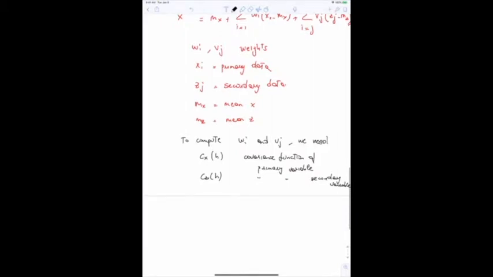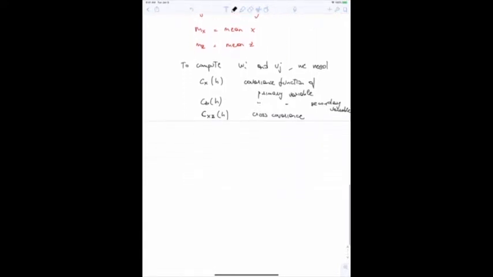And then we also need the covariance function of x and z, which is generally called the cross covariance. So this one here accounts for how the correlation between x and z changes as a function of space. So you would have a pretty complicated system where here you have Cx, here you have Cz, and Cz is generally much bigger than Cx.